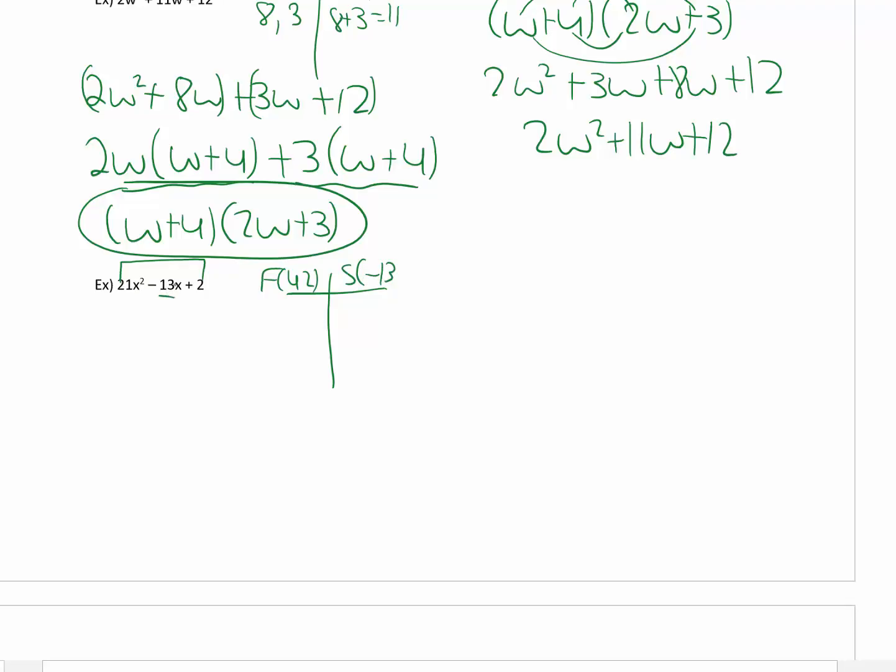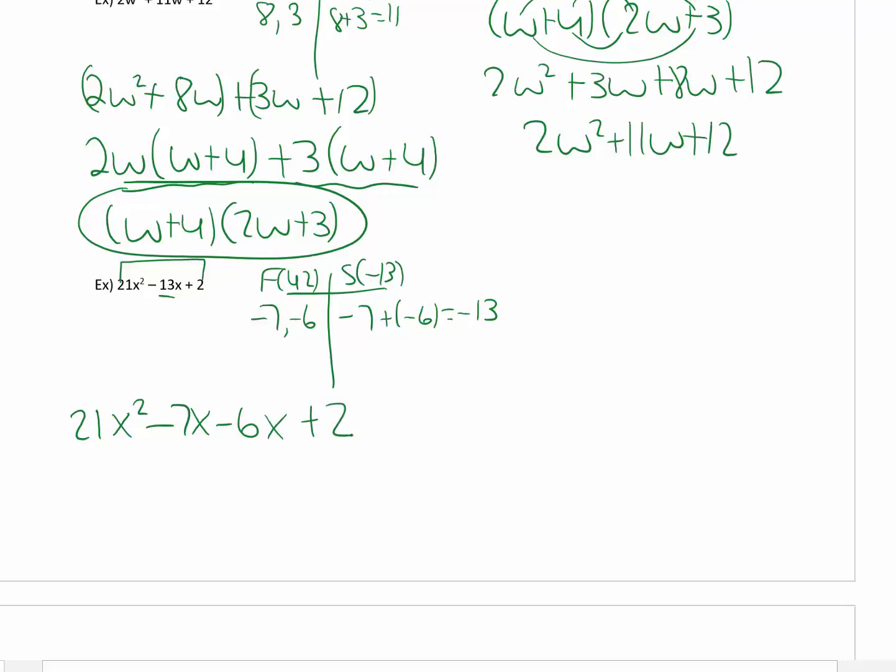I know that negative 7 times negative 6 is a positive 42, and negative 7 plus negative 6 is negative 13. So I'm going to rewrite this as 21x squared minus 7x minus 6x, since negative 7x minus 6x is negative 13x, plus 2.